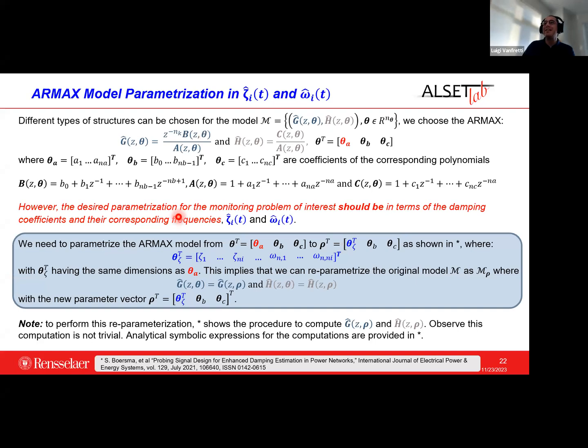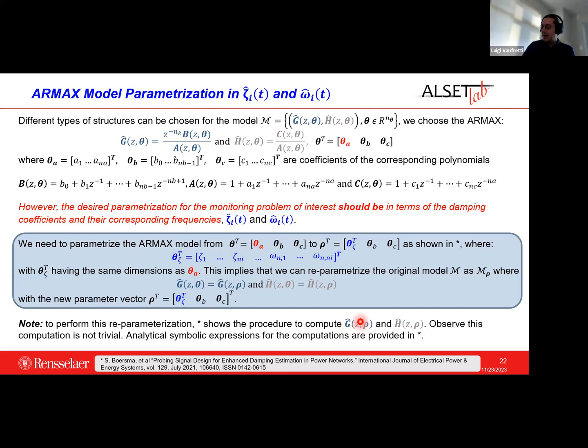Ah, rho. Okay. Thank you. So we have to estimate rho instead. And you need to do all of these symbolic analytical expressions, which I'm not going to show you, but that's one of the things that we did that is useful, actually, from my perspective.